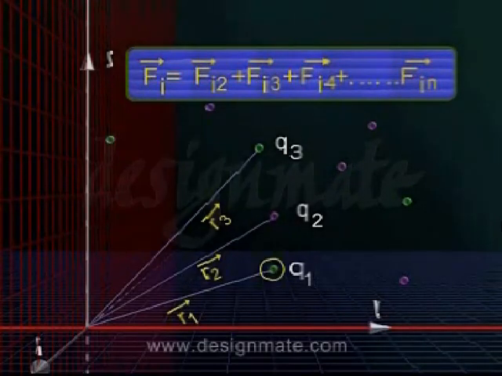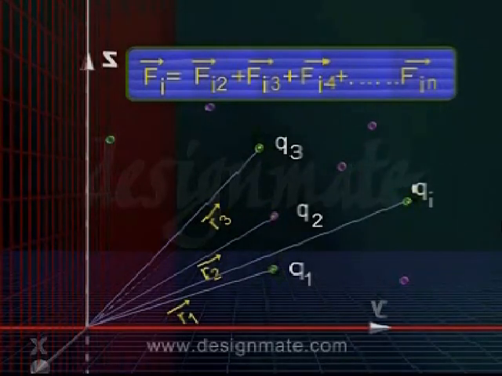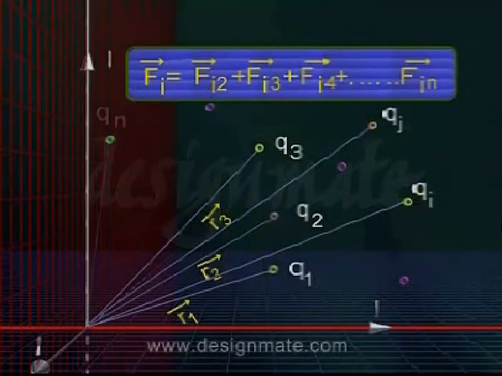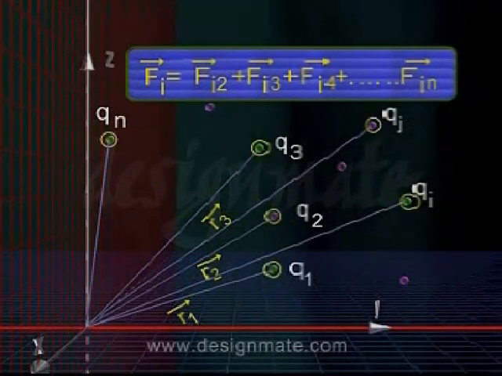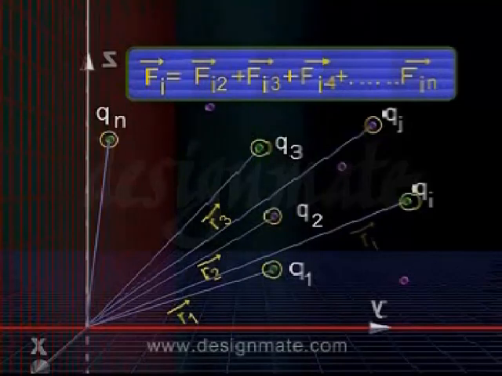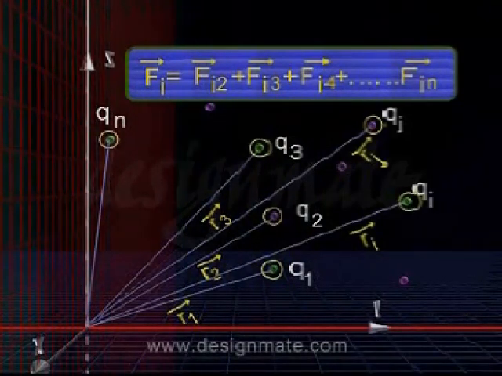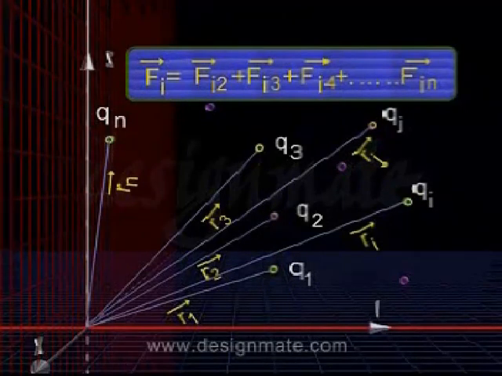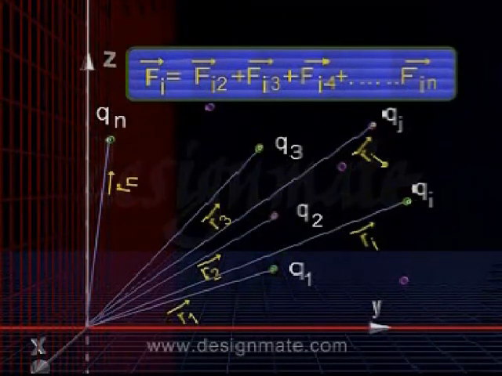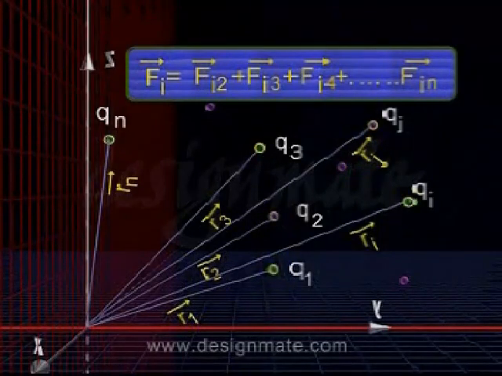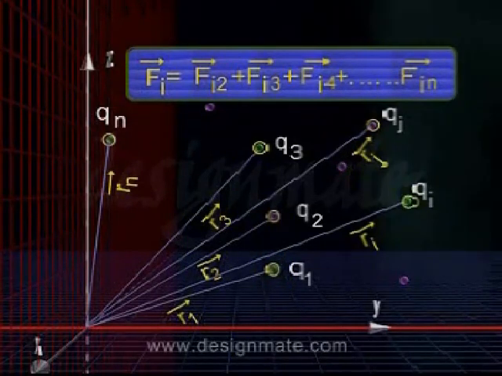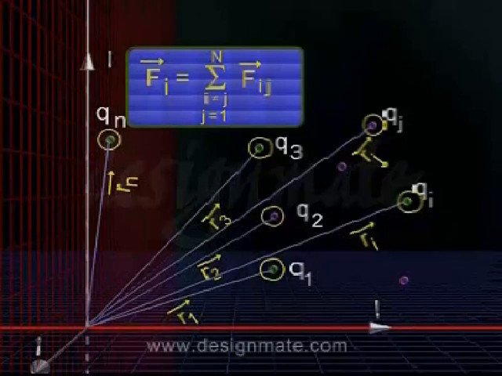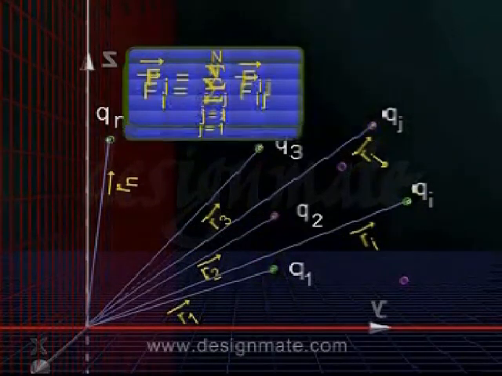In general, if Q1, Q2, Q3, Qi, Qj and so on to Qn are the electric charges, and vector R1, vector R2, vector R3 and so on, vector Ri, vector Rj and so on to vector Rn are respectively the position vectors, then the total force acting on a charge Qi due to all the rest of the charges is vector Fi is equal to the sum over j not equal to i, j from 1 to n, of vector Fij.